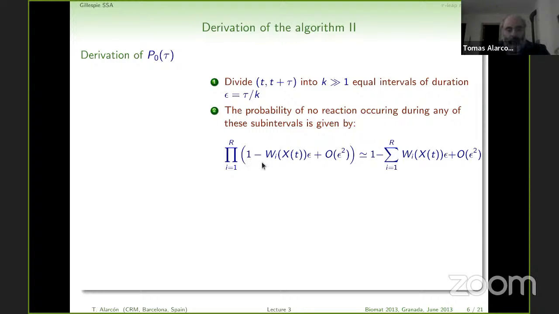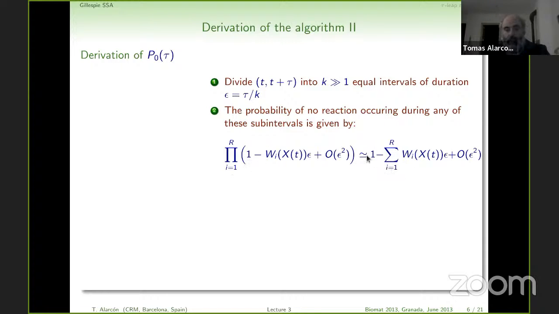So the probability of the reaction not occurring in this time interval is 1 minus this quantity here. And because we are assuming that all the different reactions occur in a statistically independent way, the probability that nothing has occurred during this time interval epsilon is the product of all these probabilities.